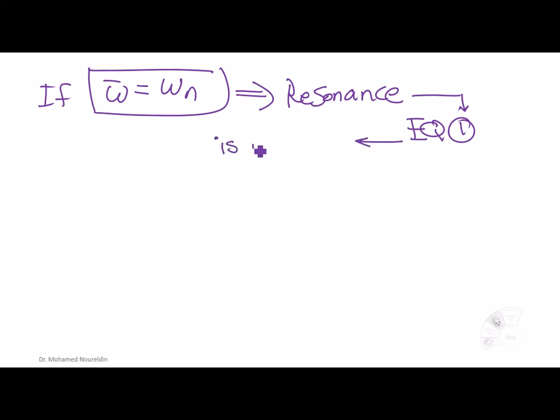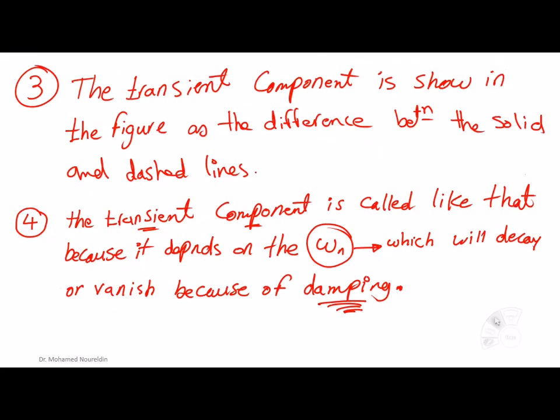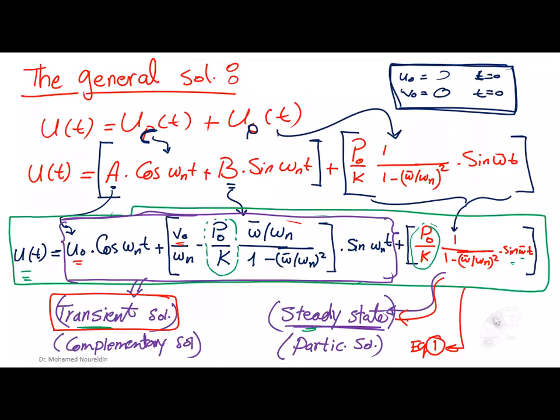Do you remember equation number 1? I have mentioned it before. Yes, this is equation number 1, and you're going to find that 1 minus omega bar over omega n is going to be 0 here.